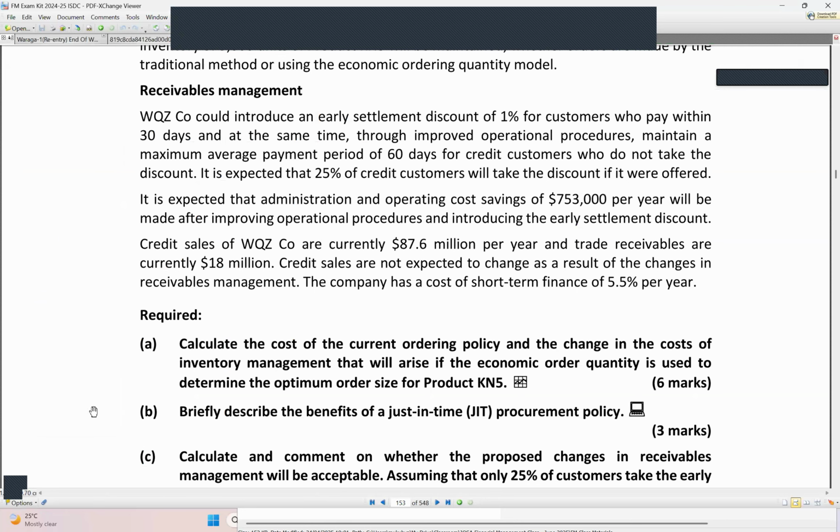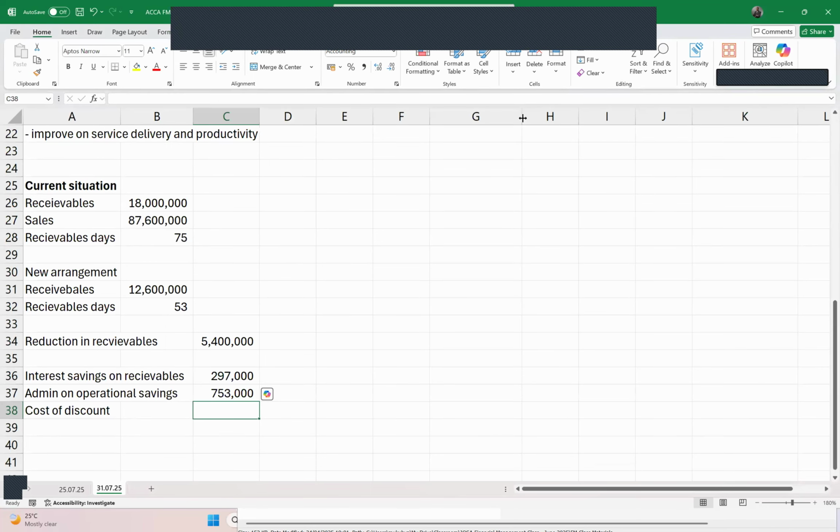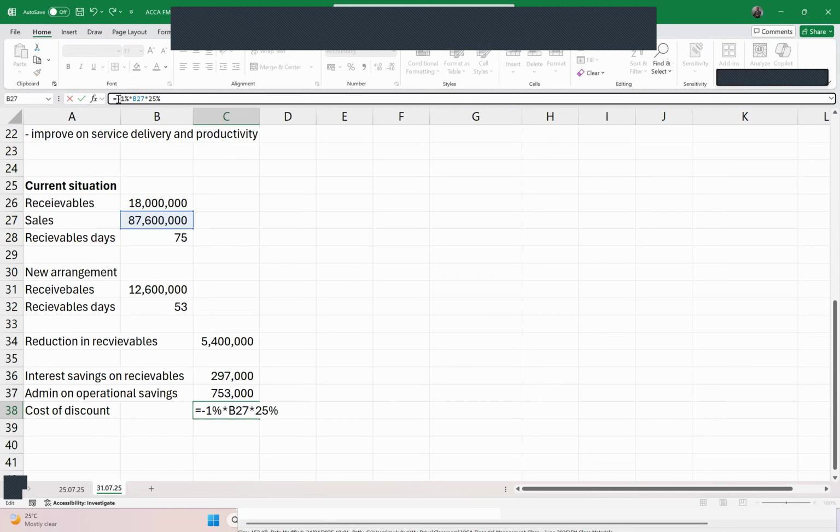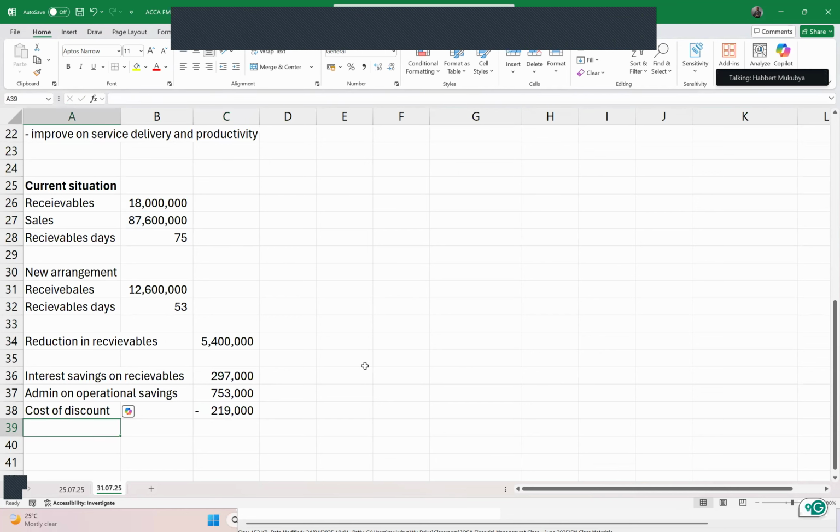Because if we didn't give the discount, we would get all the money, but now we are losing 1%. So we are losing 1% of the money that we should have got in our sales, but not all of it, because we are only giving this one to 25%. And I want to make this one negative because it's a cost. So that is the cost.